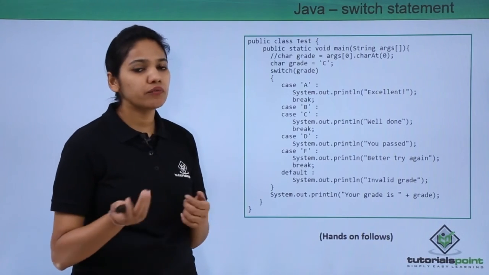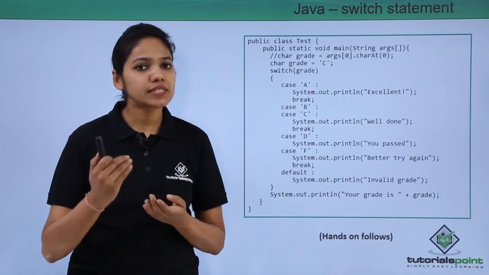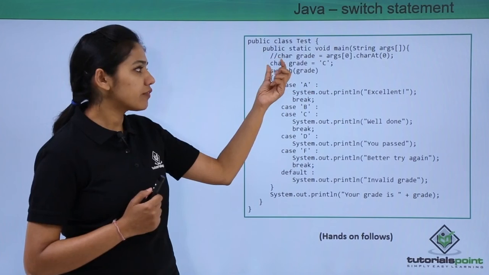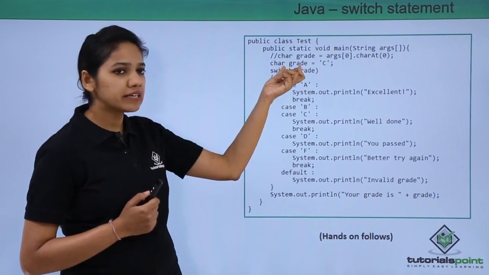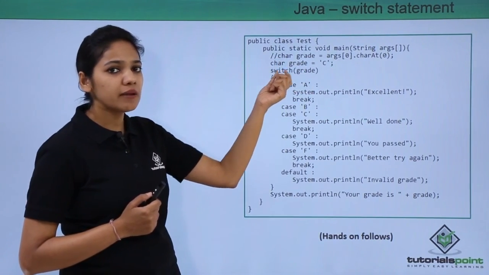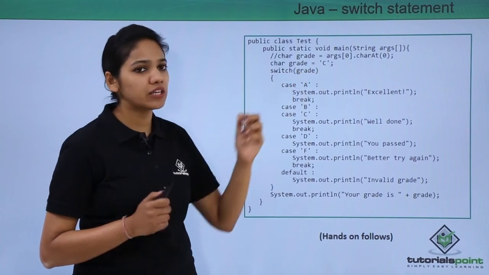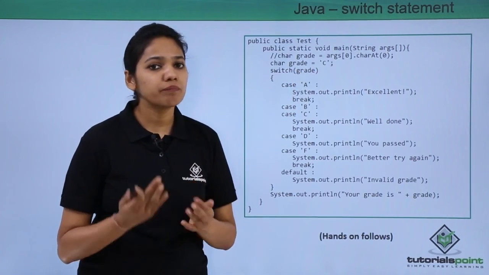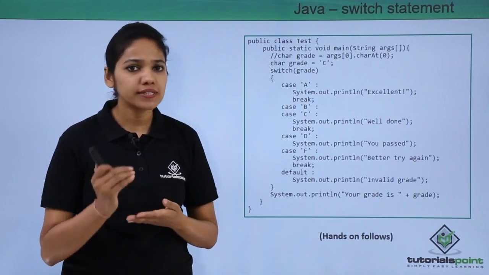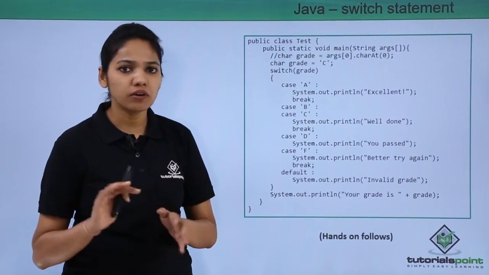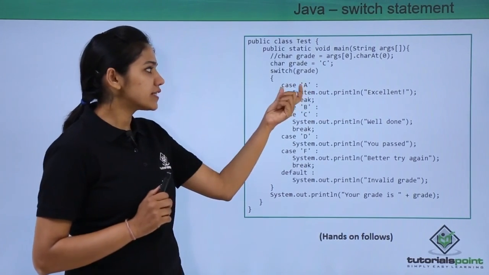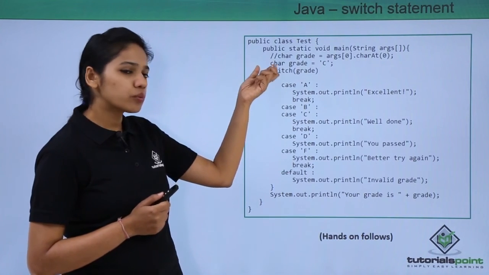In this example, we have used a switch statement with certain cases to understand. We have created a class with a variable of char type, the variable name is grade and the value is C. So we are trying to compare if the value is equal to C, then please print this block of statements. So first is case A. How do you write it? You write the switch keyword.